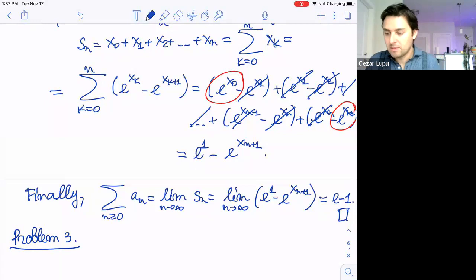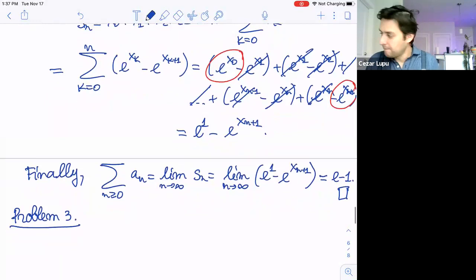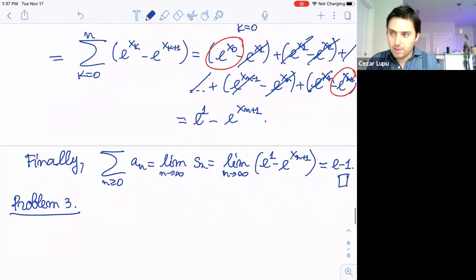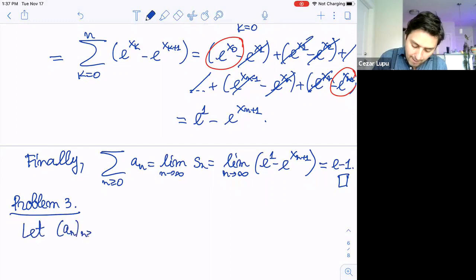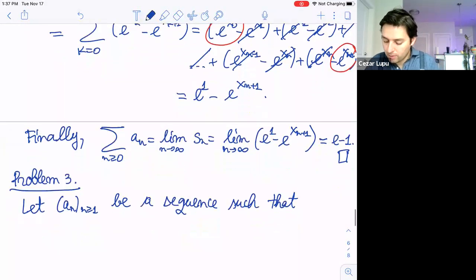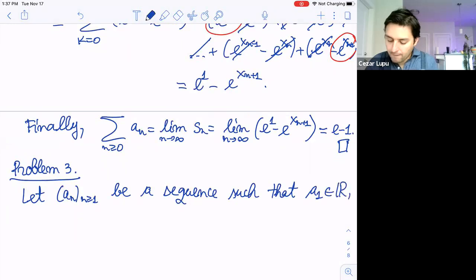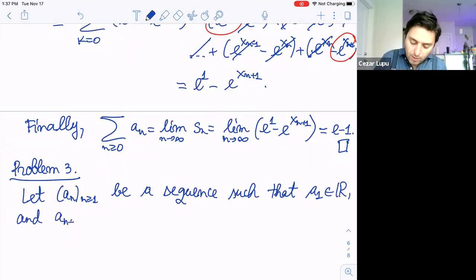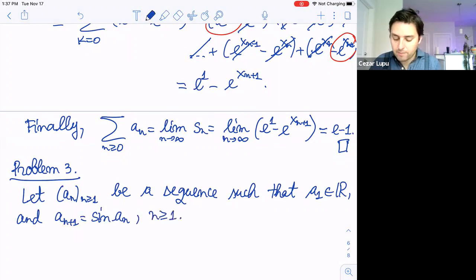Which is similar to this one. Anyway, the problem says the following: let n greater or equal than 1 be a sequence such that the first term a1 is a real number, and a sub n plus 1 is sine of a sub n for all n greater or equal than 1.